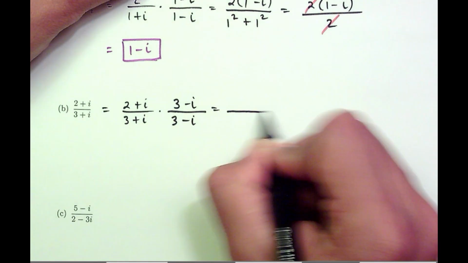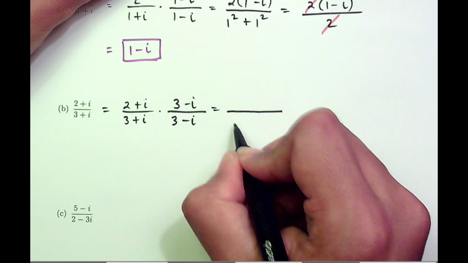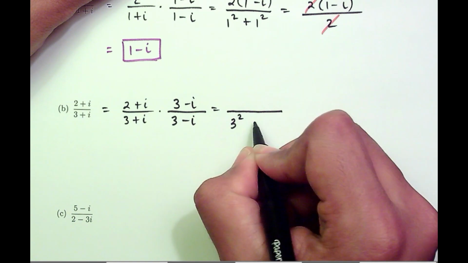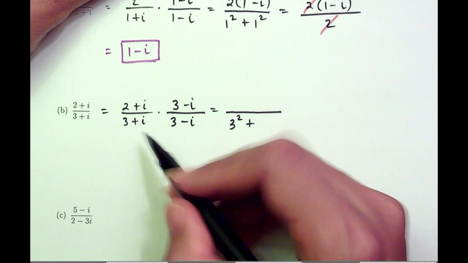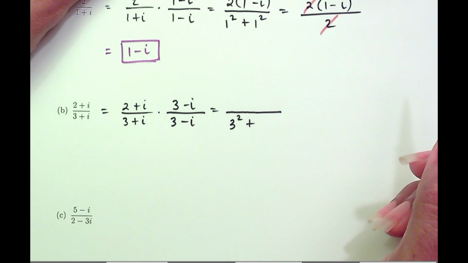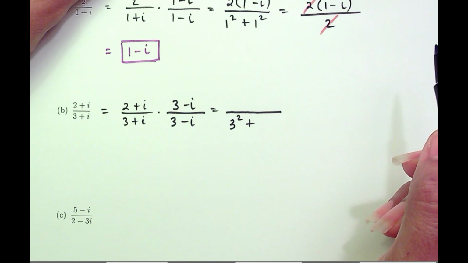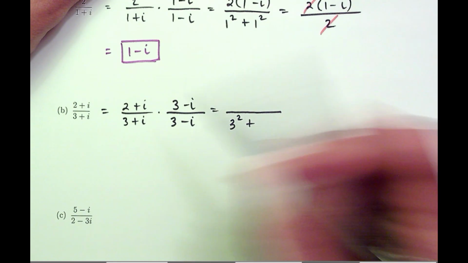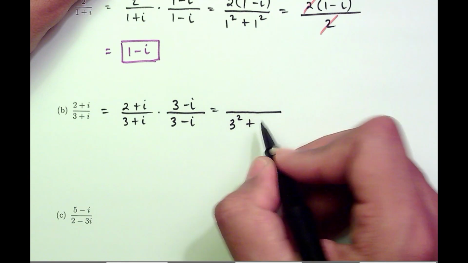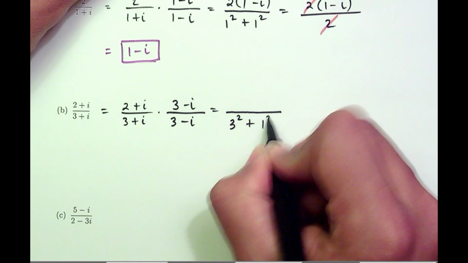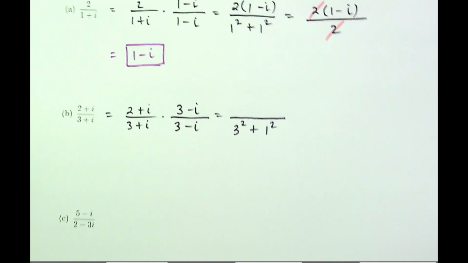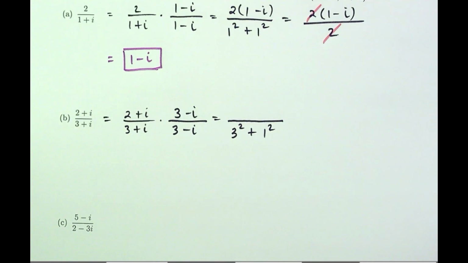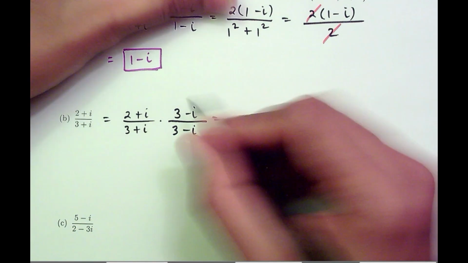On the bottom, the effect of that is that you're going to get the first number squared plus, always a plus, the imaginary part squared. The imaginary part is the coefficient of the i, the number in front of the i, which is an invisible 1. So 1 squared. Again, no minuses, no i's in that result when you apply the formula. So just 3 squared plus 1 squared. And then on the top, I'm just going to write it out.